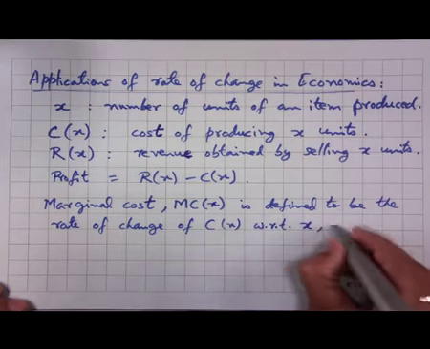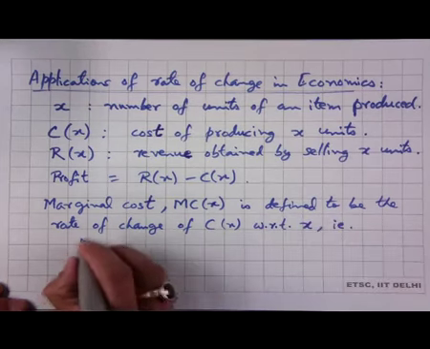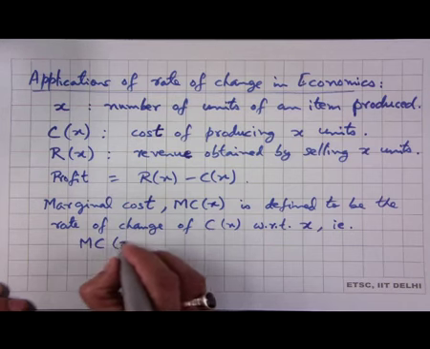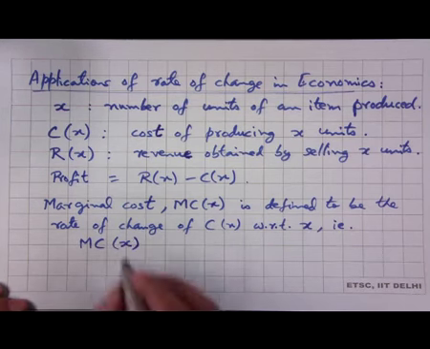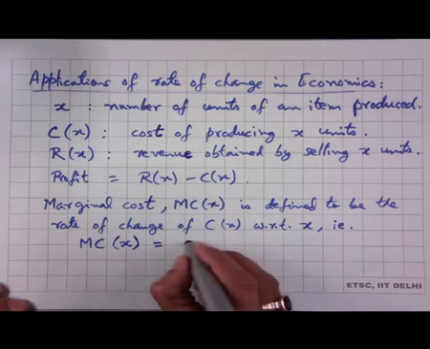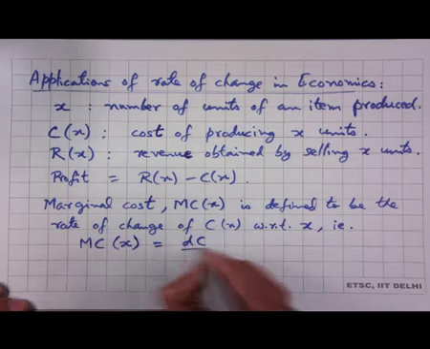That is, when we write marginal cost, which is a function of the number of units x, this is equal to the derivative of C with respect to x.